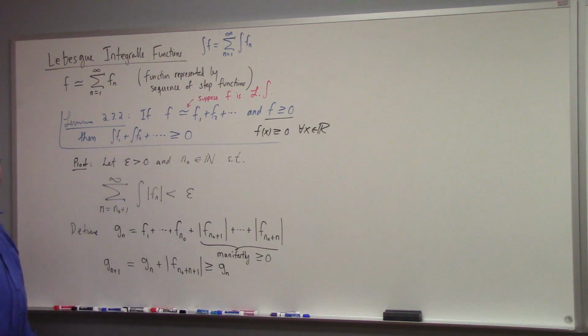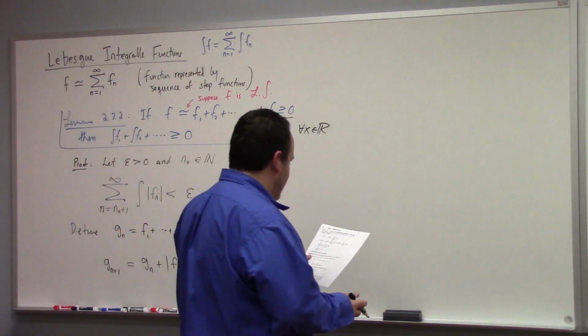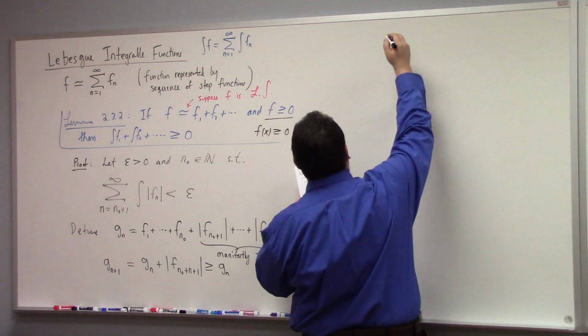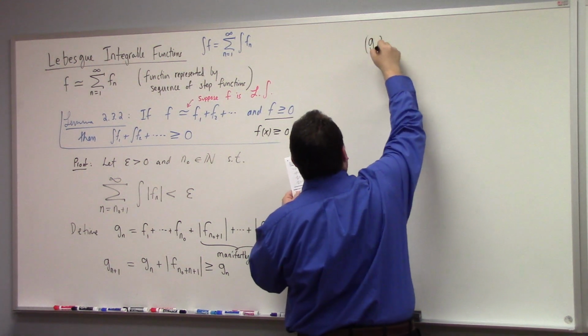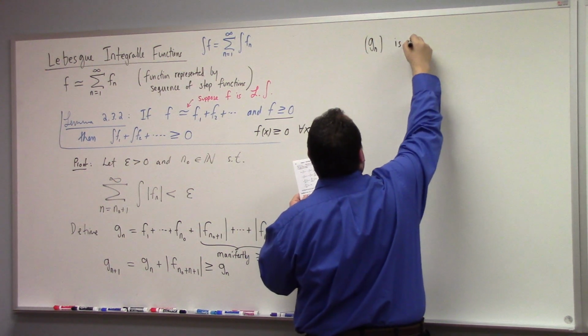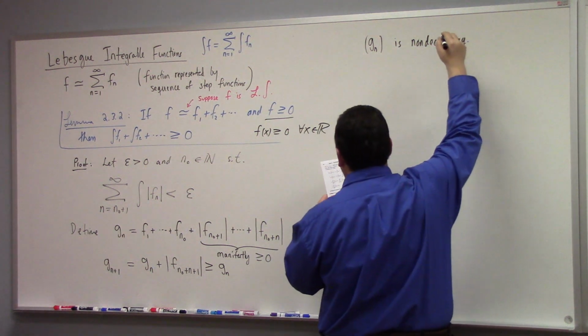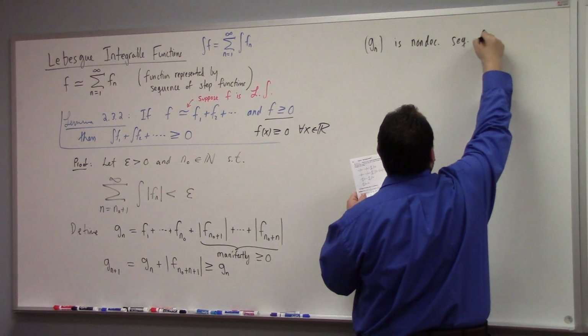Which gives you that it's a non-decreasing sequence. It could be constant for some n. All right. So we have Gn is a non-decreasing sequence of step functions.